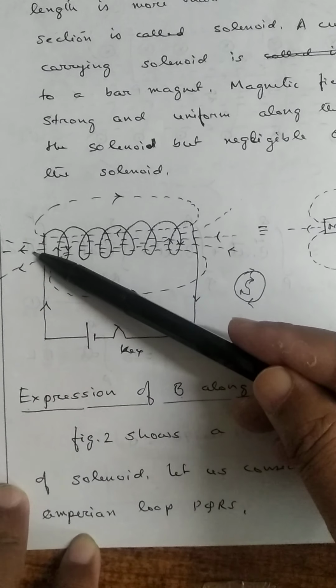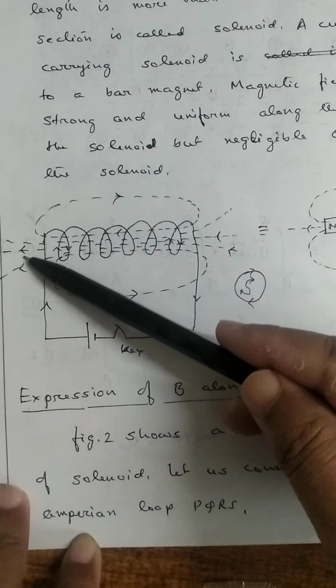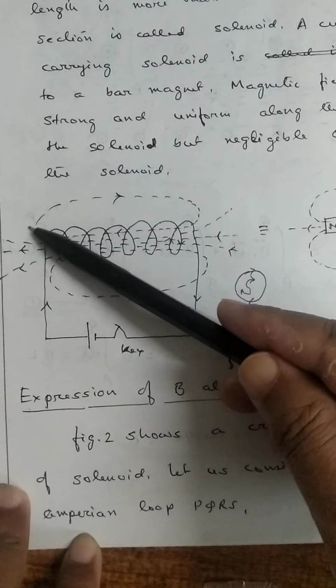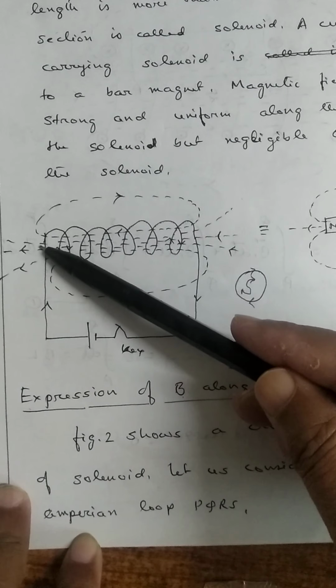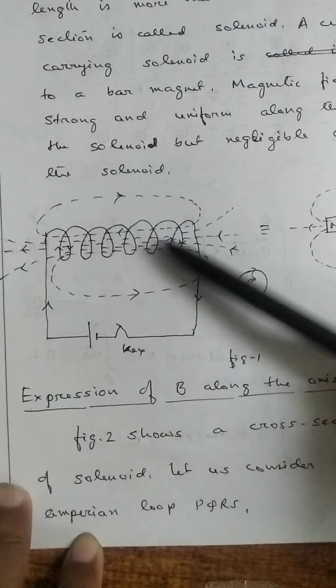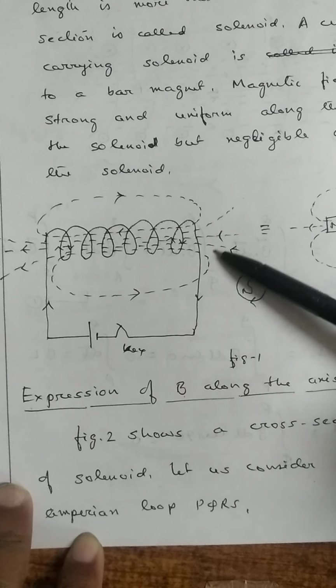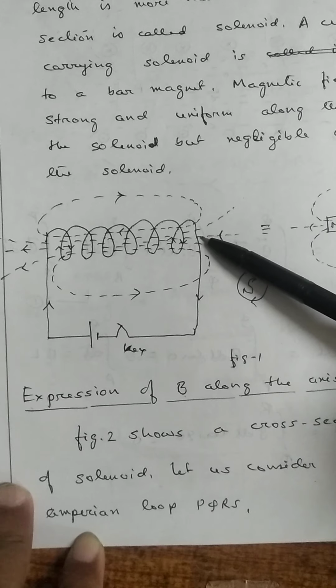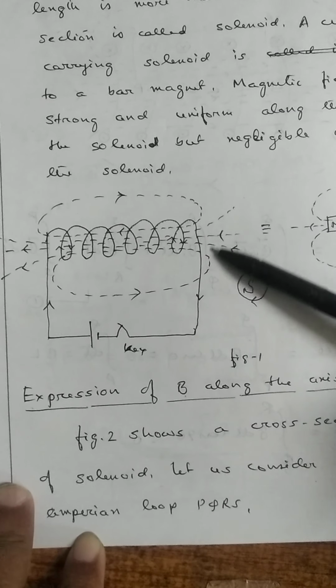Why are they weak here? You just see the magnetic field lines separated from each other. The magnetic field lines emerge from this end and they get separated. At this end, magnetic lines of force enter, but here they are separated from each other.